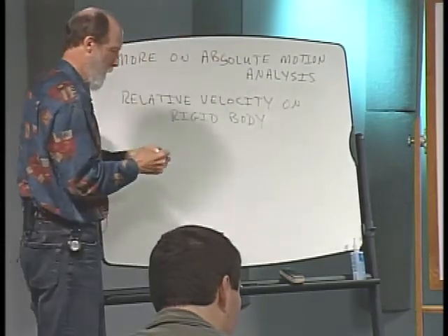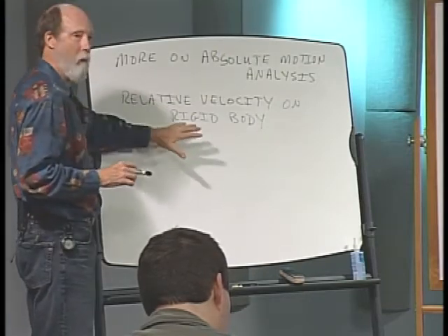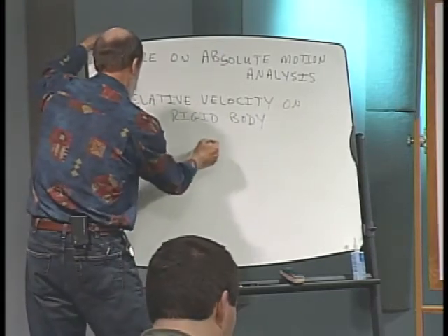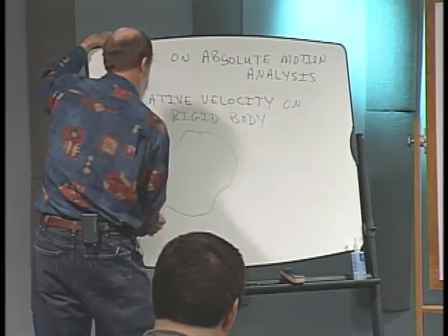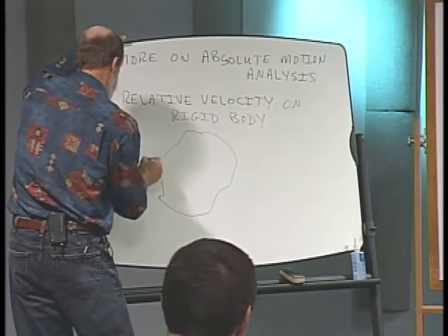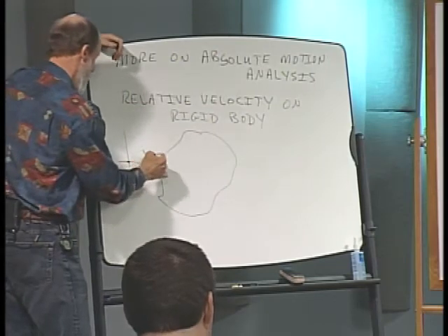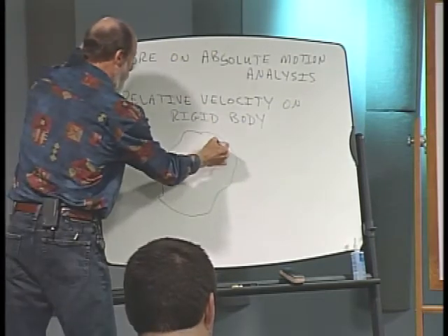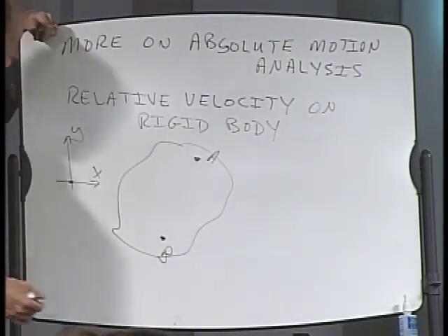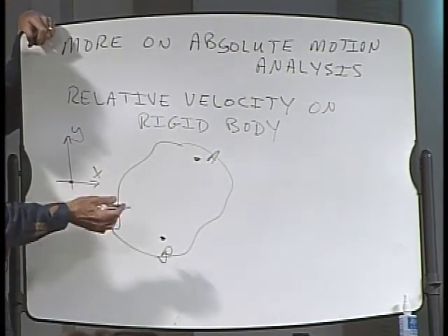We had a brief introduction to relative motion earlier in the course, and now we're on a rigid body though. So here's the way we can do this: if we have some body and we have a described axis system, a reference non-moving inertial type of reference frame, we could take 2 points that exist on this body and label one of them A, one of them B. And we could write position vectors to each of those points.